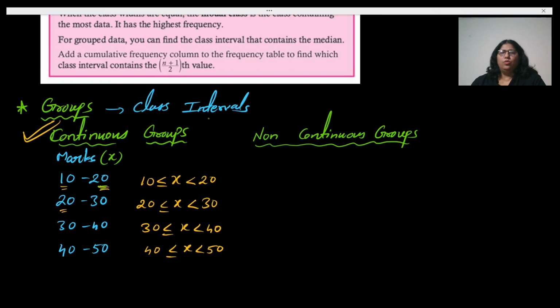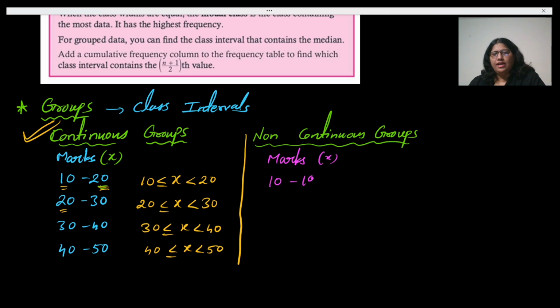Now what is the meaning of non-continuous groups? The same marks written in this form: 10 to 19, then 20 to 29, then 30 to 39, and 40 to 49.